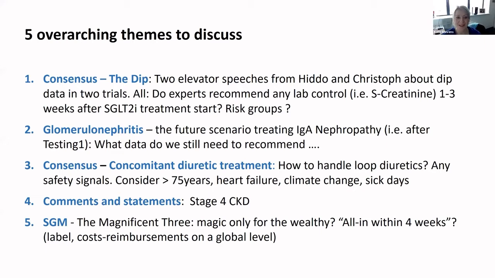Yes, that would be awesome, wouldn't it, if we could achieve that? Nico, would you like to add anything? Yes, I think the only point I'd like to add is that in the EMPEROR-Reduced trial, people were allowed to be enrolled down to an eGFR of 20, and there was no safety concern. So, Katherine, what you said about EMPA-KIDNEY, I think we already have data down to an eGFR of 20.